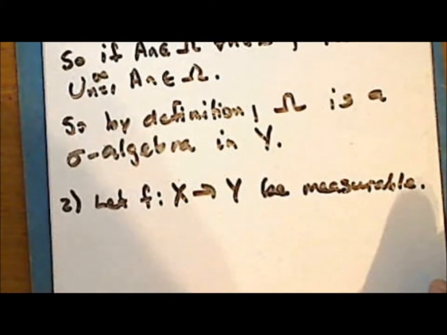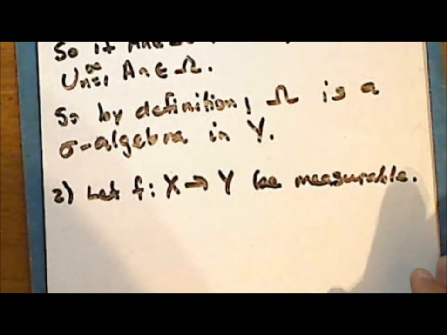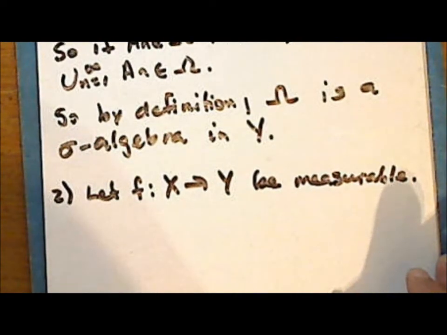Now, any Borel set in the space Y is going to be generated by the open sets in Y. So every open set is a Borel set. Any countable union of open sets is a Borel set. Now, the complement of every open set is also a Borel set, so the union of those is also a Borel set.